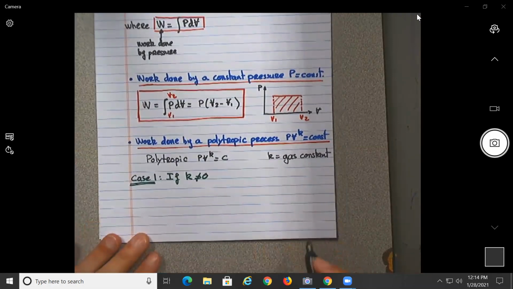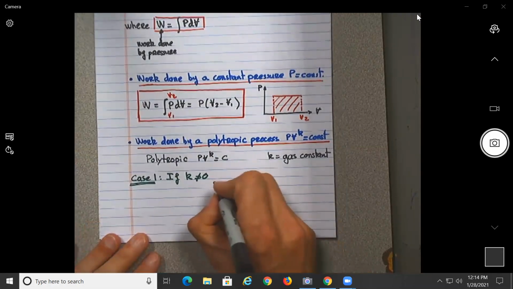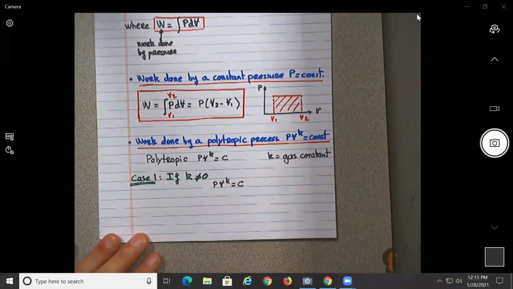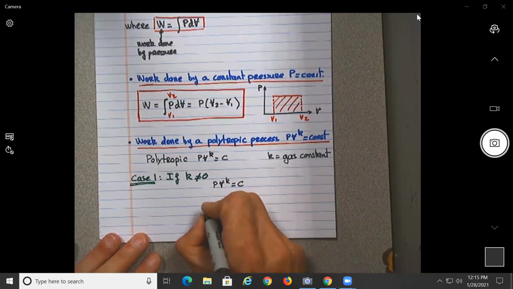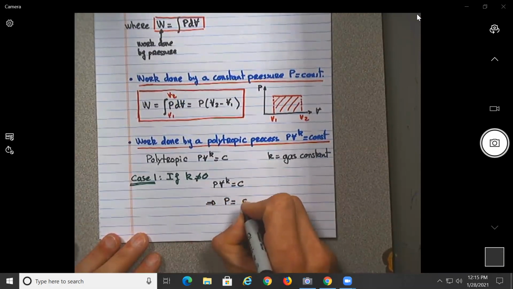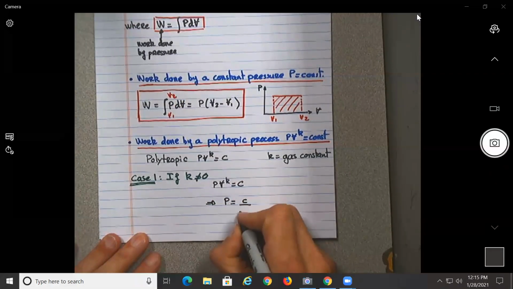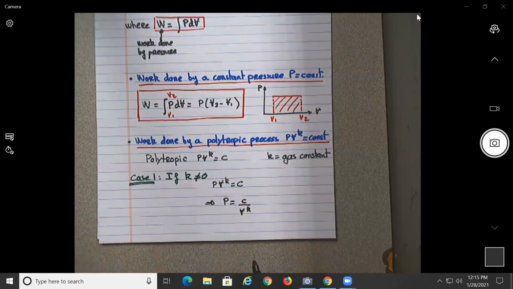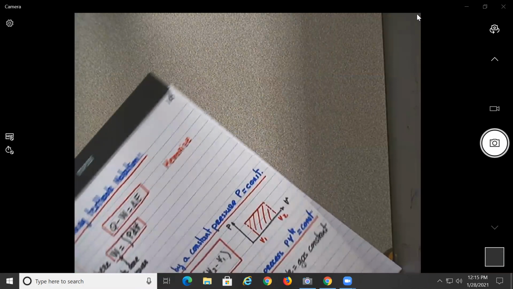So in that case, what do you have? PV to the K equal to a constant, which means that the pressure is equal to a constant divided by V to the power K.